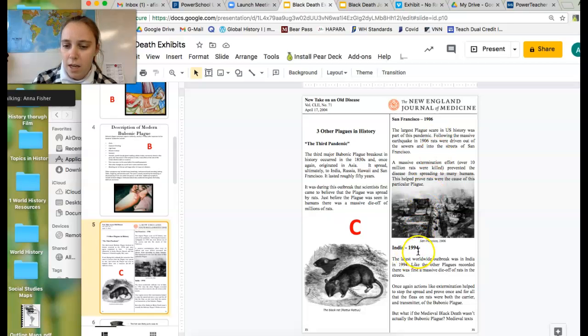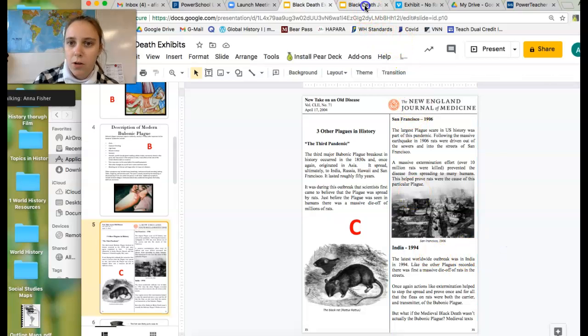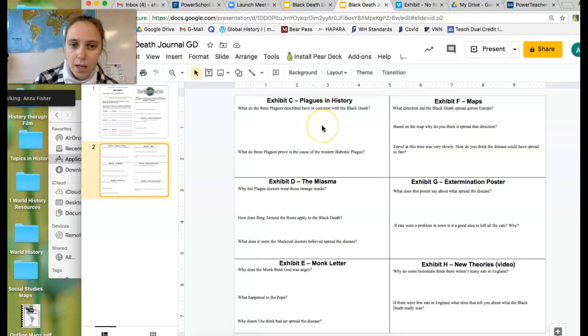And then in India in 1994, you have one very similar to the bubonic plague, the Black Death, as well. So you can read through all 3 of those to answer which of these 3 plagues described have in common with the Black Death, and what do these plagues prove is the cause of modern bubonic plague. Go ahead, pause me and answer.